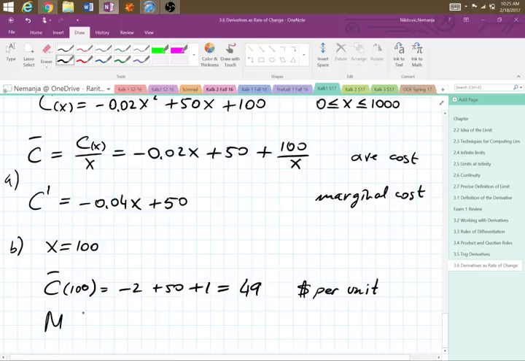Now marginal cost at 100, we compute the same thing. We get negative 4 plus 50, and we get $46 per unit.